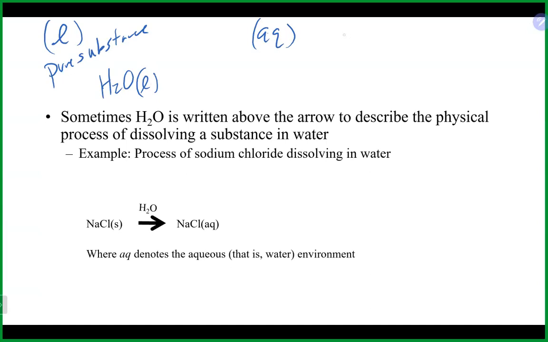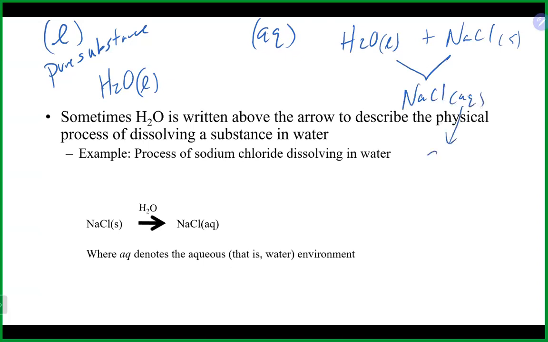Now, if you took a pure substance like water and you mix it with sodium chloride, which is a solid, which is basically salt, we know the sodium chloride will actually dissolve into the water. And those two things together will give you a sodium chloride solution that is aqueous. So aqueous is usually for a solution that's made up basically of two things, a solvent and a solute.